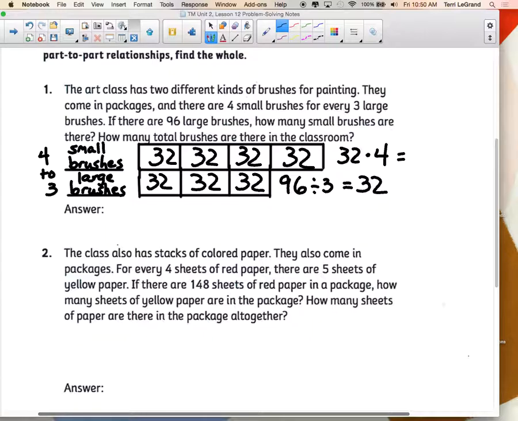And what's 32 times 4? 128. Do you agree? 128? Okay. So our first answer is that there are 128 what? Small brushes.